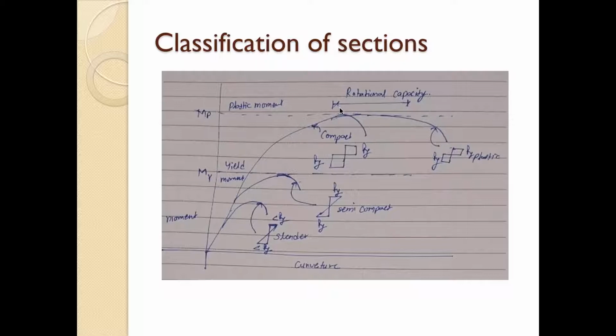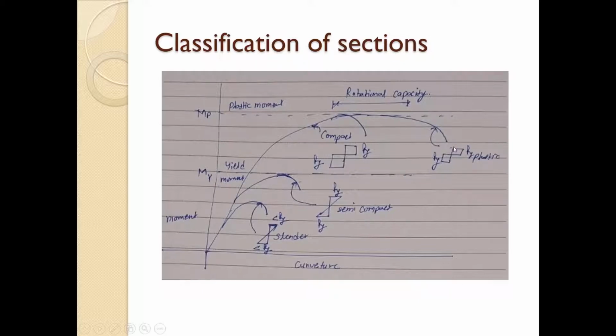Two parts of the member on either side of this section rotate about the neutral axis of the yielded section and collapse occurs. A compact section develops a plastic moment of resistance. So here you can see this is the ideal section, that is for class 1. You can see it is completely stressed.